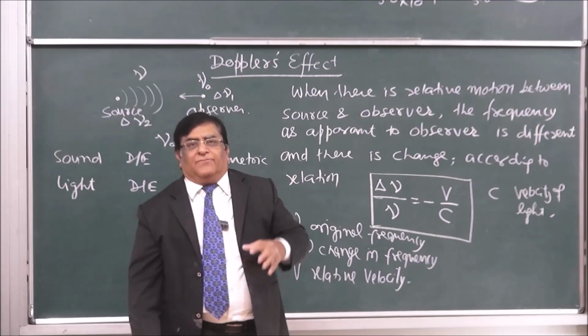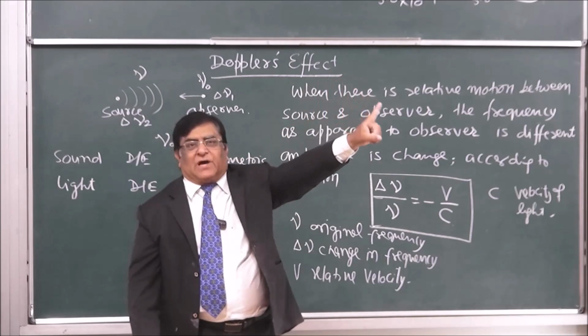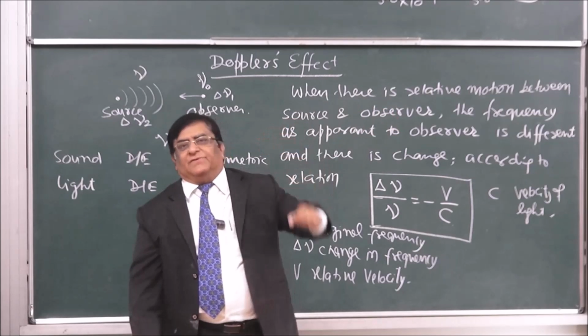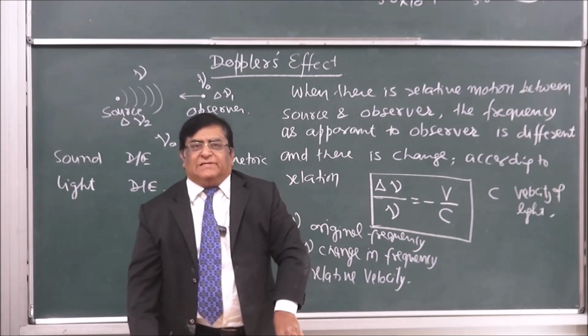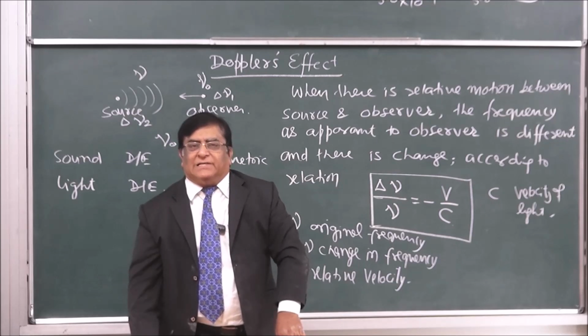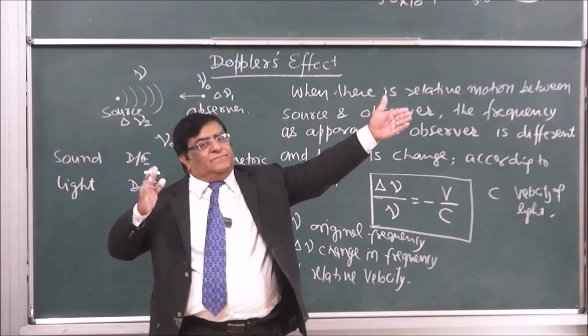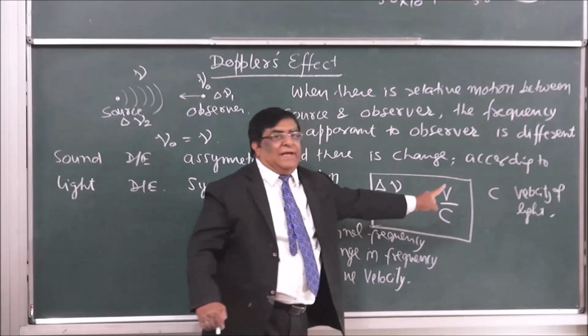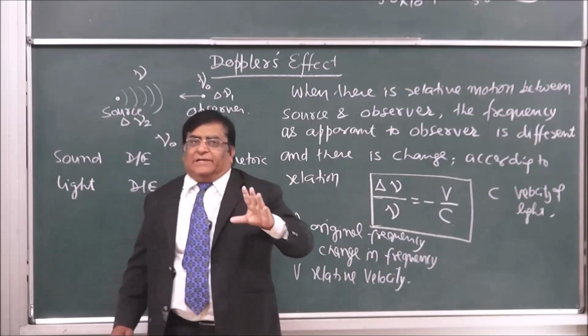Now, if I am here, there is a star which is moving away from me. What will be the change in frequency? Will the frequency decrease or increase? Answer, the velocity is positive. Positive. So, change will be negative. So, the frequency will decrease.